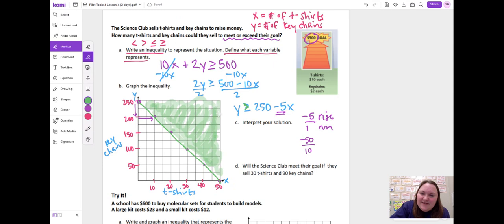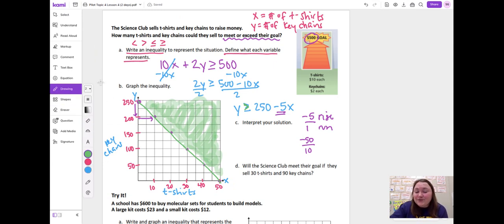Now, same as before, this is helping me show where the solutions are. But because there is a story this time, those solutions mean something. So when we say interpret your solution, what does it mean? Well, all of these points in this shaded area are solutions, and the points on the line are solutions. I know that because a solid line means it's a solution, and then the shaded area means it's a solution.